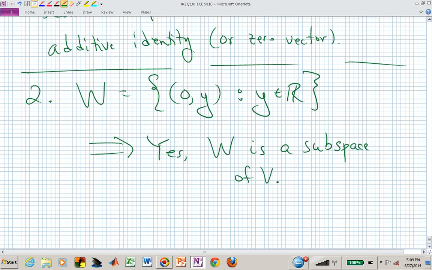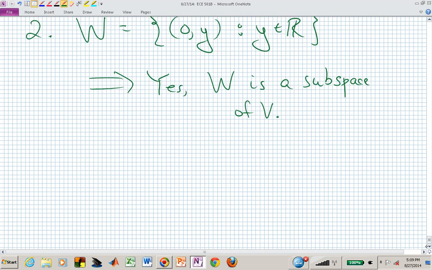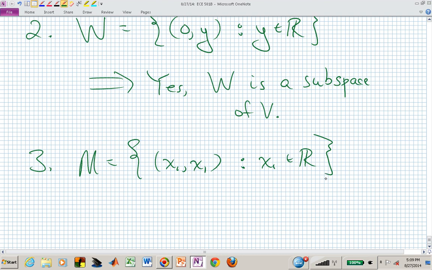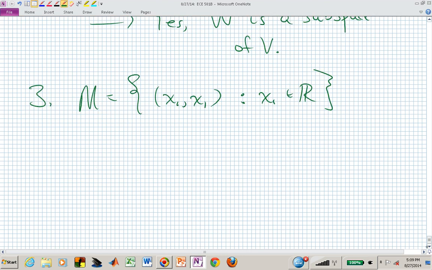That would be exactly the same proof, or verification of those three properties, from before. What about M equaling the ordered pair x1, x1, such that x1 is some real number? Is M a subspace of V?